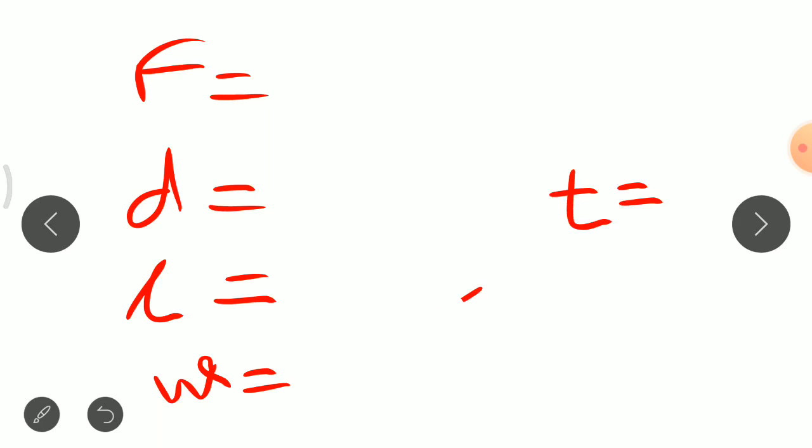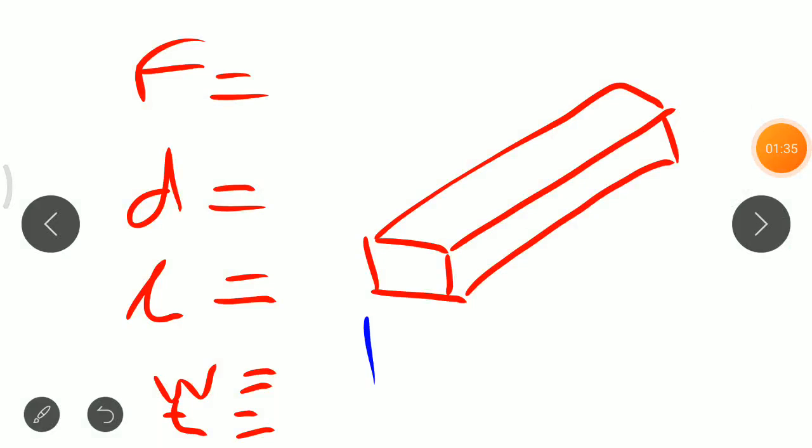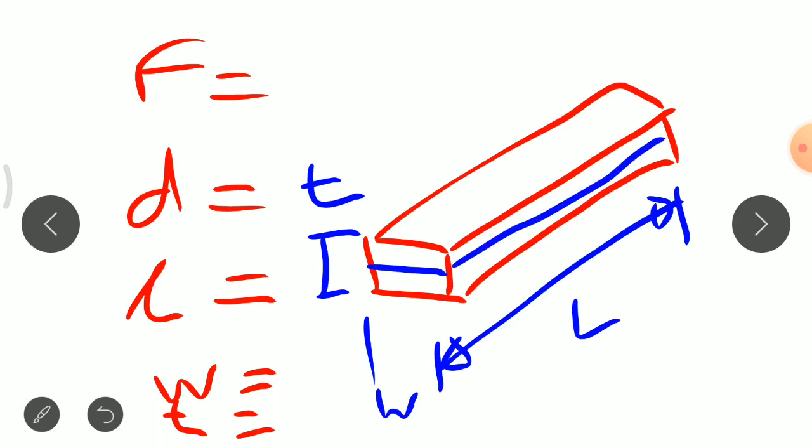W is equal to the width of the key, this is a small w, and small t is nothing but the thickness of the key. Here this is a key section, and this portion is known as W, that is the width. This line indicates the length of the key, and this is the thickness of the key, and the half portion is inserted in the shaft.